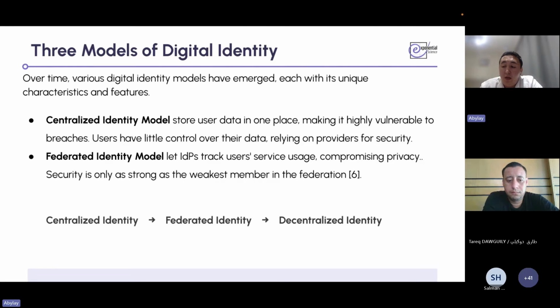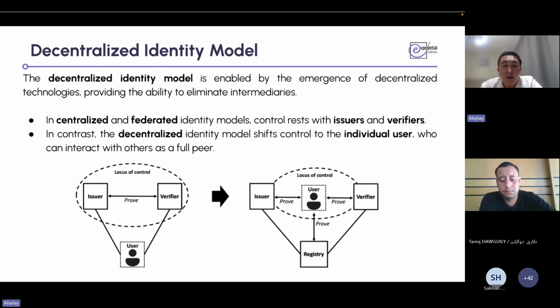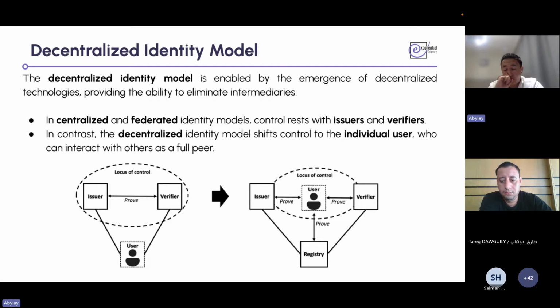And now, in recent years, we have a new model emerging, which is decentralized identity. The decentralized identity model is enabled by decentralized technologies like blockchain or DLT, which provide the ability to eliminate intermediaries.